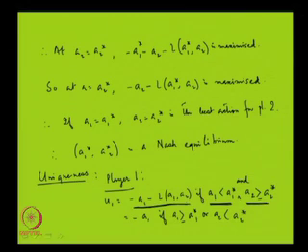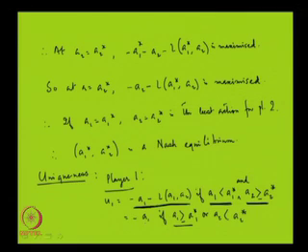Now, in that case, is it possible that he takes an action greater than A1 star? The answer is no. Because if he takes action more than A1 star, the optimal thing for him to do will be to set A1 is equal to A1 star. So, he can never set an action which is greater than A1 star.